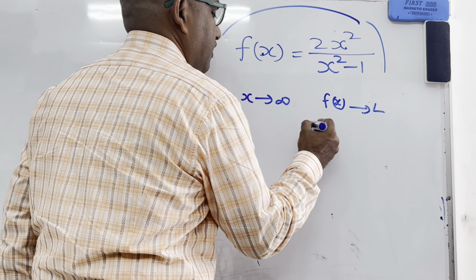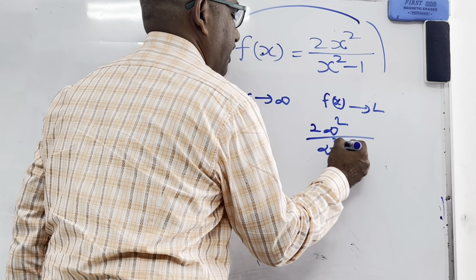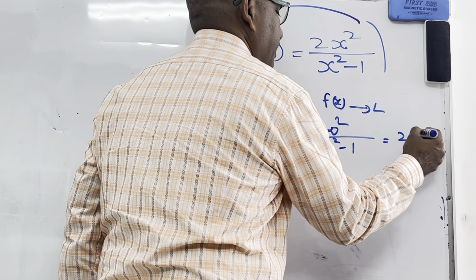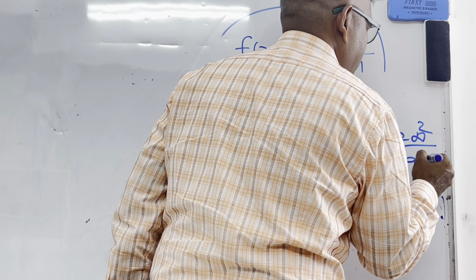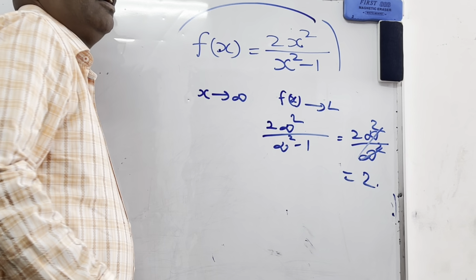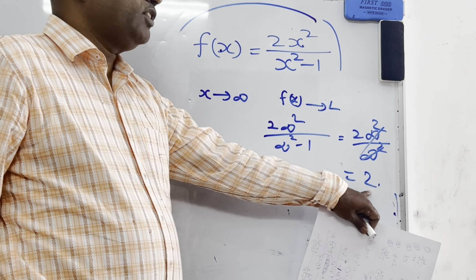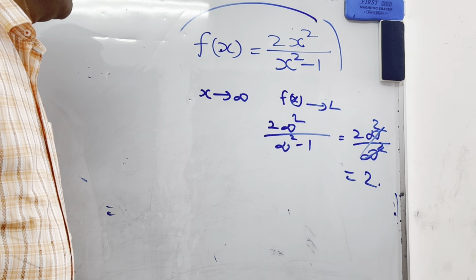For example, 2 infinity squared over infinity squared minus 1; infinity squared minus 1 is just infinity squared. So 2. So y will approach 2. So it is a horizontal asymptote.